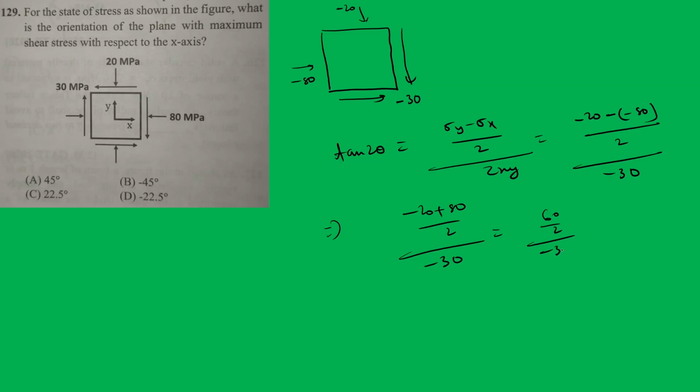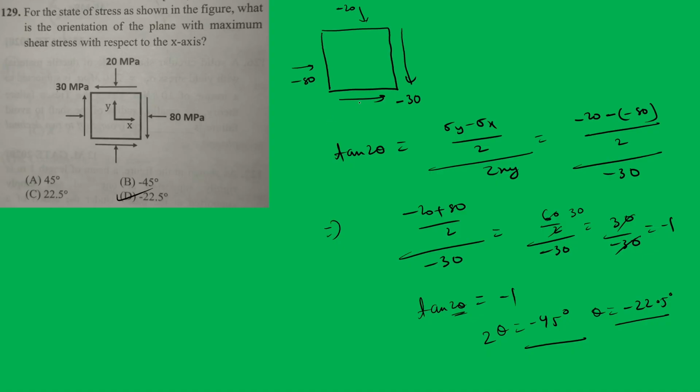This would become 60 by 2 by minus 30, so 30 by minus 30, and that would become minus 1. So tan 2 theta is equals to minus 1, so 2 theta is equals to minus 45 degree, so theta is equals to minus 22.5 degree. So that would become this one.